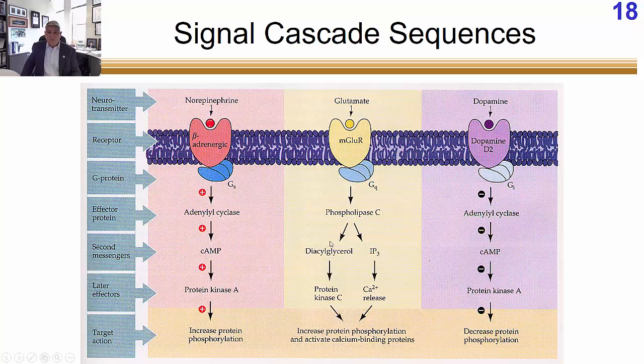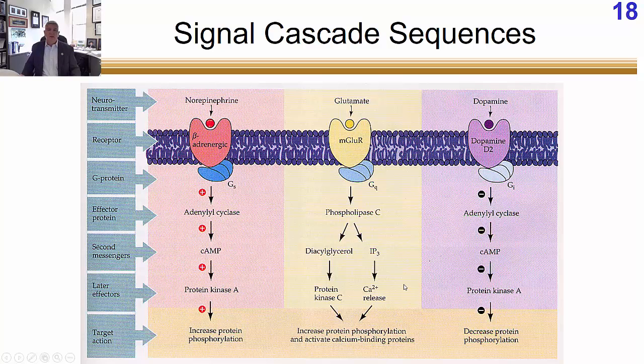You can also have divergent pathways. So here phospholipase C can activate both IP3 and diacylglycerol, which can activate protein kinase C, and calcium release from IP3.